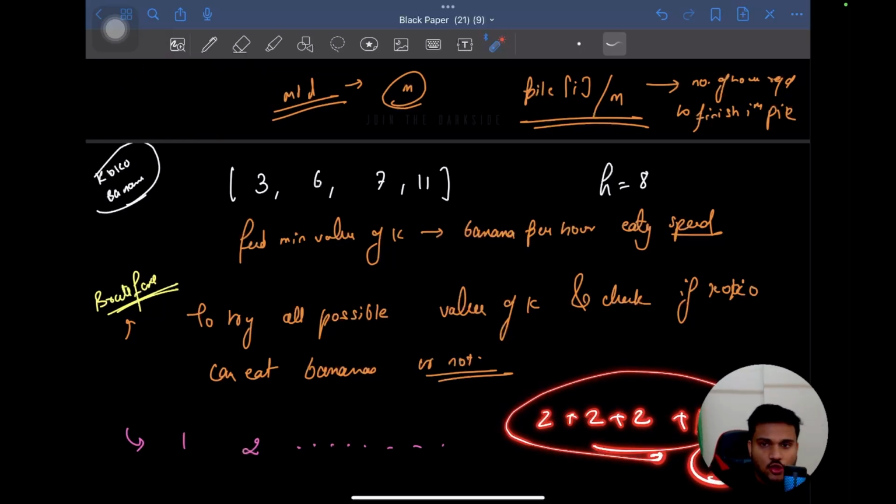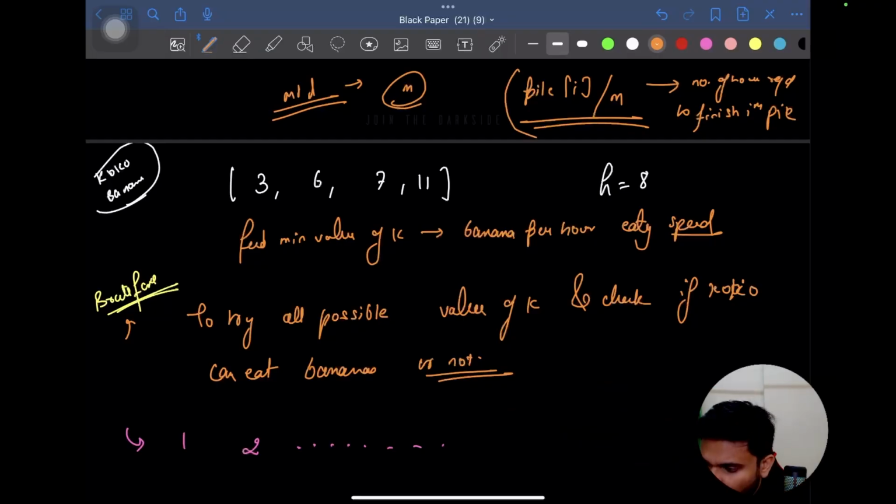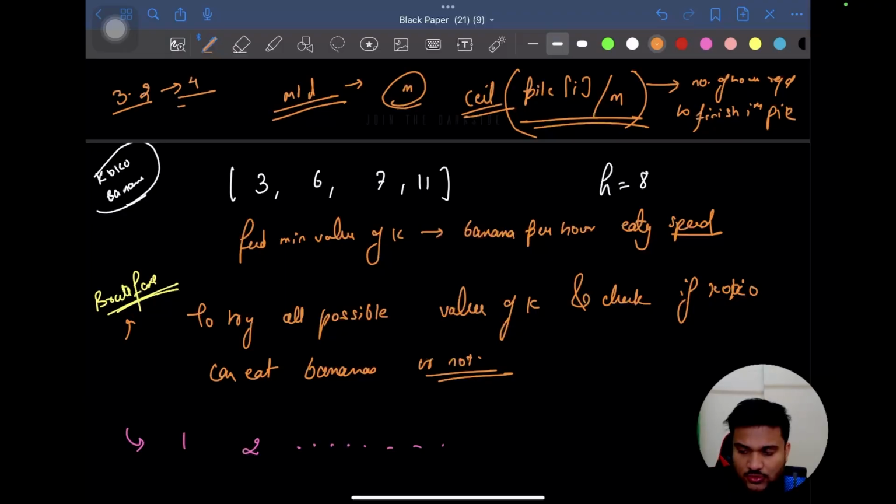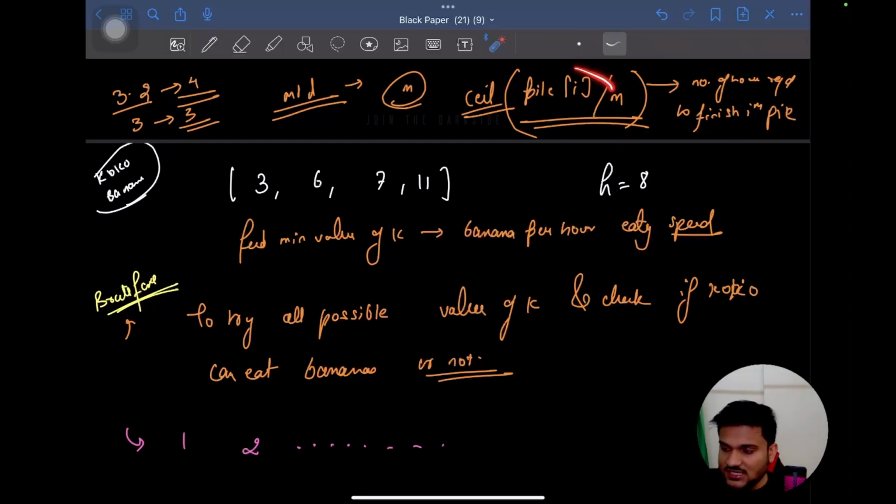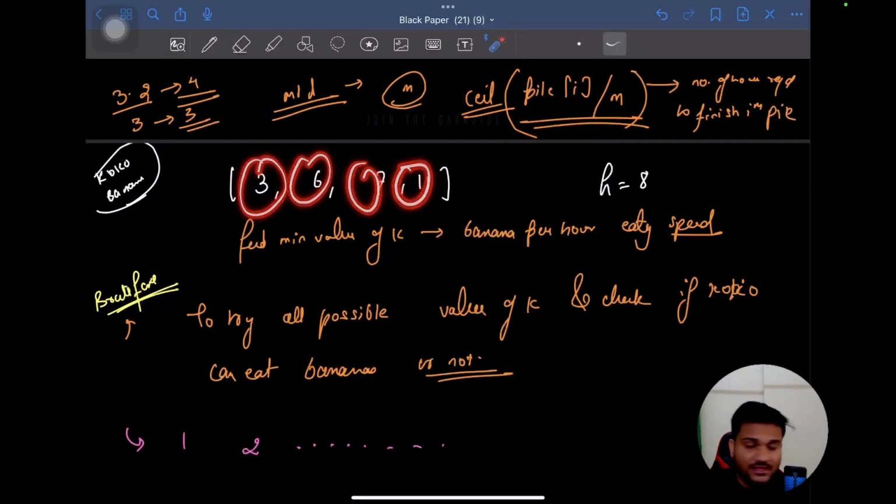So for this, technically, you need to take a ceil value. Ceil value means if you have 3.2, the ceil value of 3.2 is 4. If you have the value 3, the ceil value is 3. Make sense? So you calculate the ceil value for every individual pile and then sum it up.